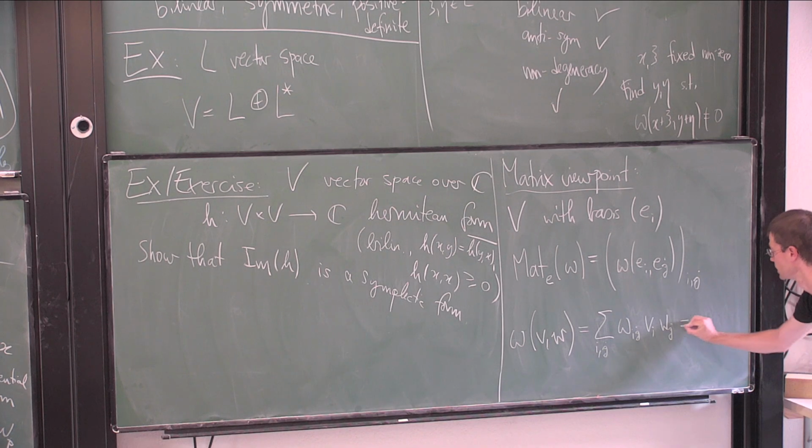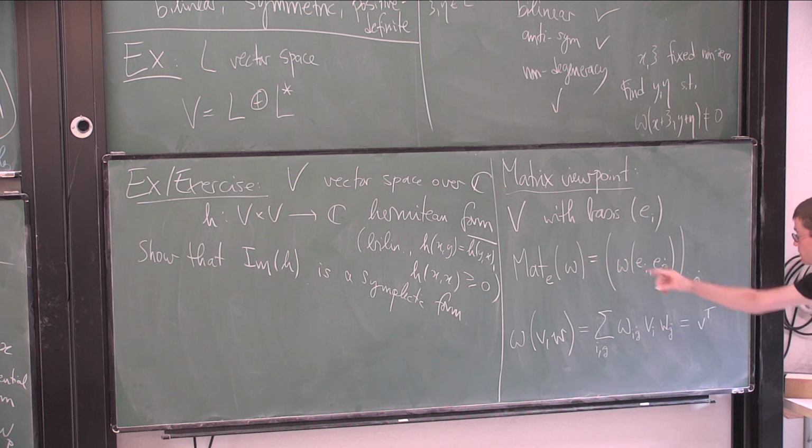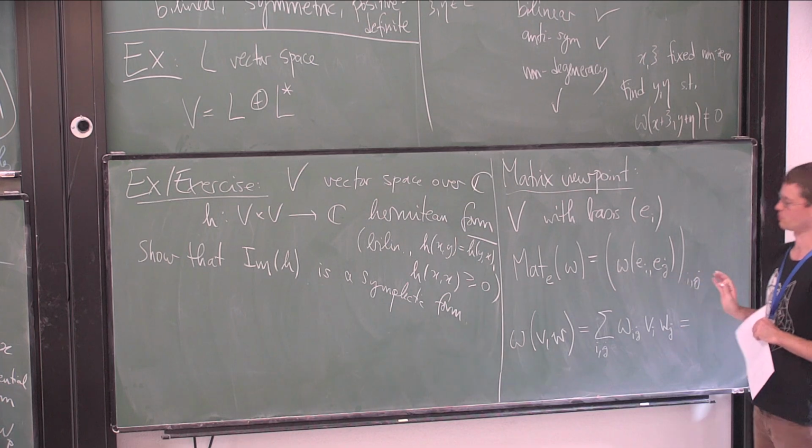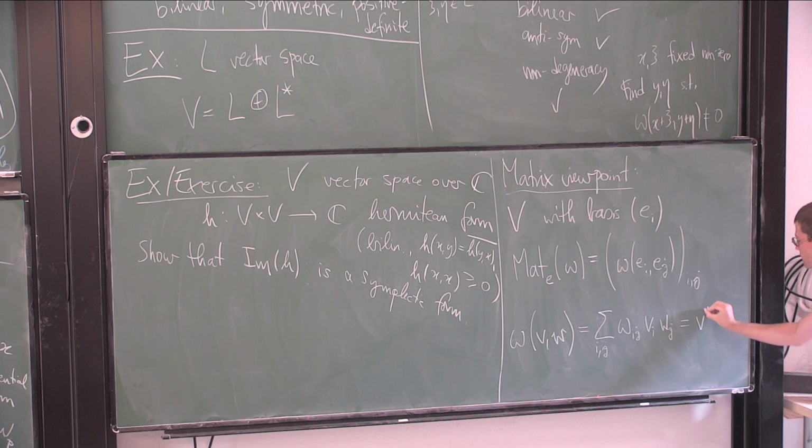And well, this you can write as v transpose times this matrix. Actually, I will pretty much always write it as v omega w, where here I really see omega as this matrix.